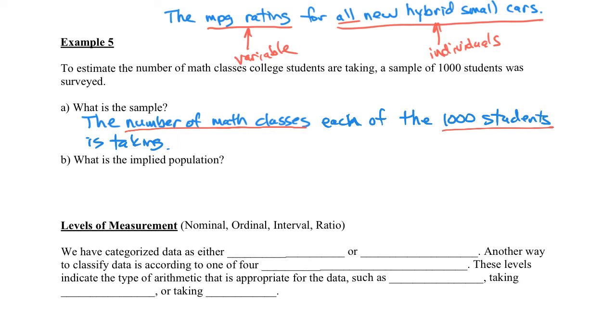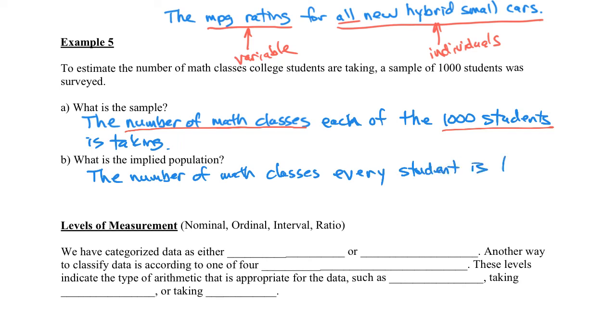So for the implied population, we don't have to change too much. We're still measuring the same thing, the number of math classes. But this time we don't want just the 1,000 students, we want all students. So you could say the number of math classes every student is taking, or some wording like that.